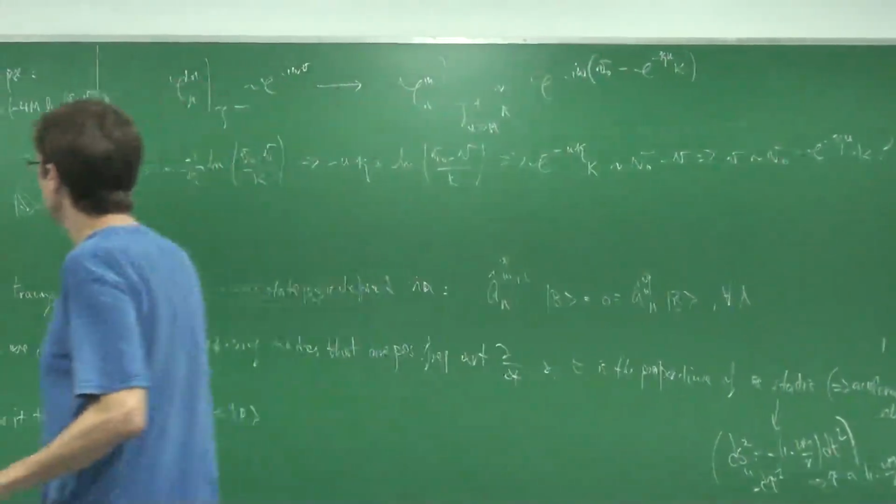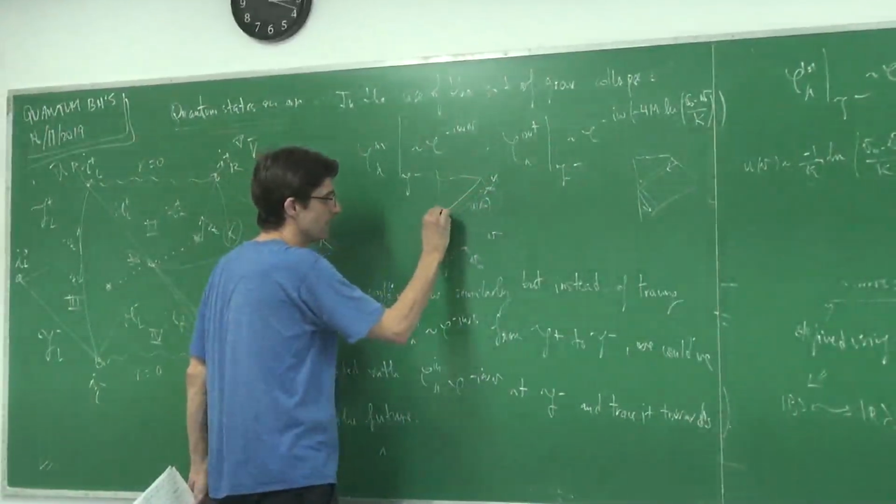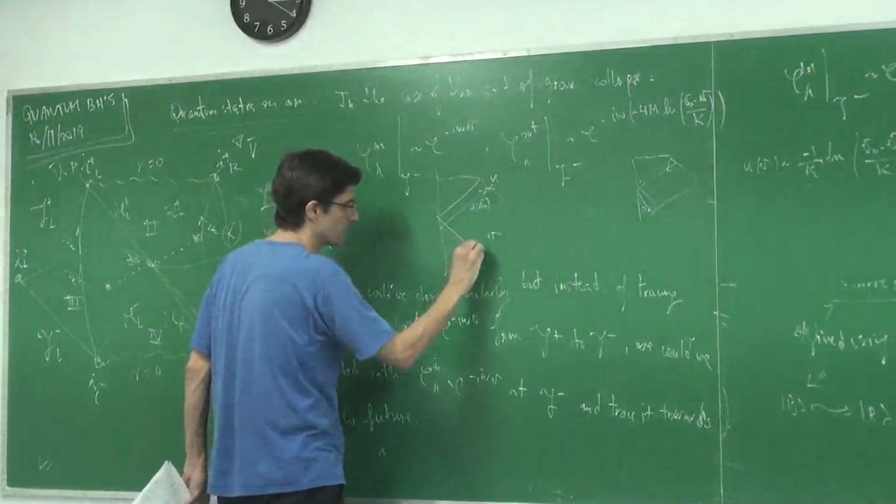So V0, by the way, is the one that generates the horizon. So V0 is actually this one.